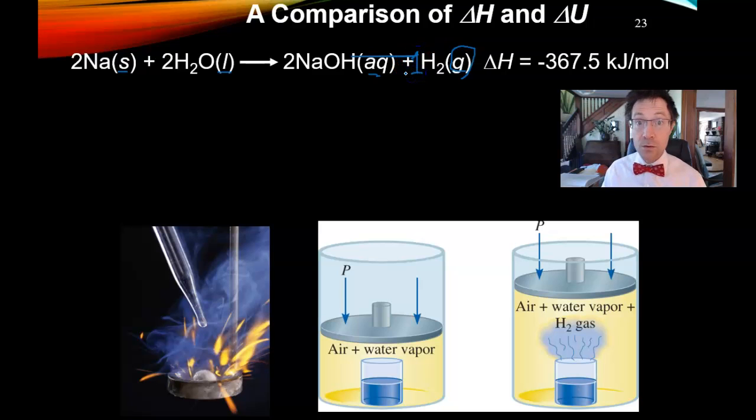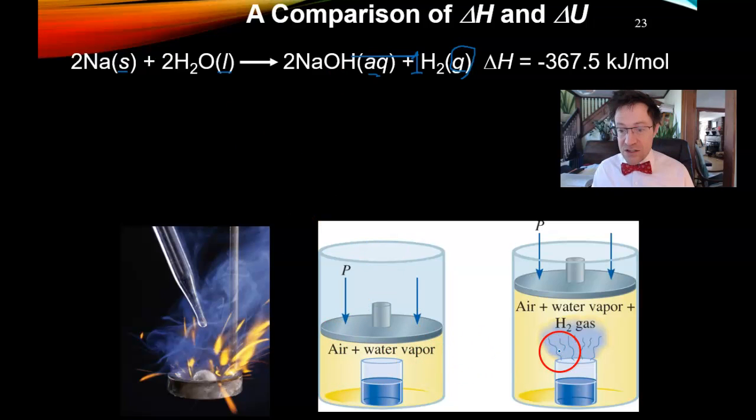produced, right? So there's going to be some kind of work being done here. And we know that when this happens, we take 2 moles of sodium, we add it with water, it's going to release 367.5 kilojoules per mole. However, there's this weird thing. Look, this little picture down here is going to help us out.